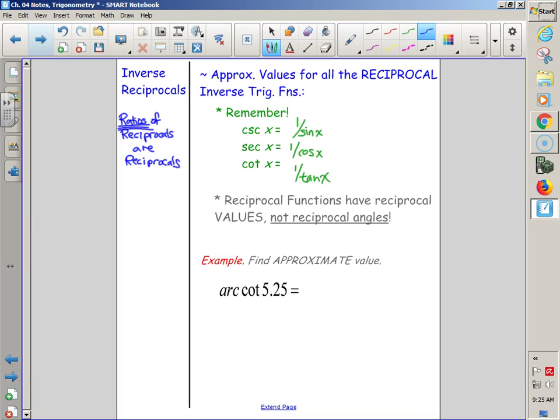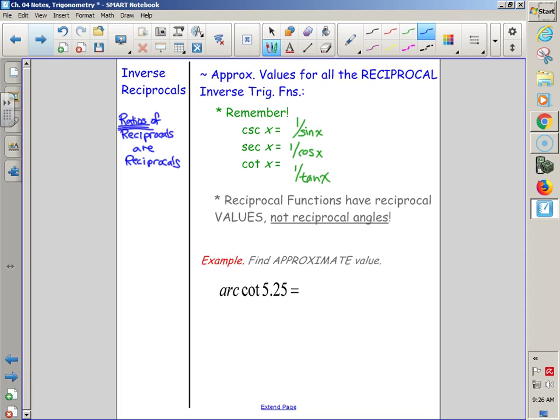Meaning, if I was trying to answer what is secant of pi over 3, that is 1 over cosine of pi over 3, which means secant's ratio is equal to 1 over cosine's ratio, which means I take cosine's ratio and I flip it. Secant's the reciprocal of cosine's ratio. That's why it's called the reciprocal function.